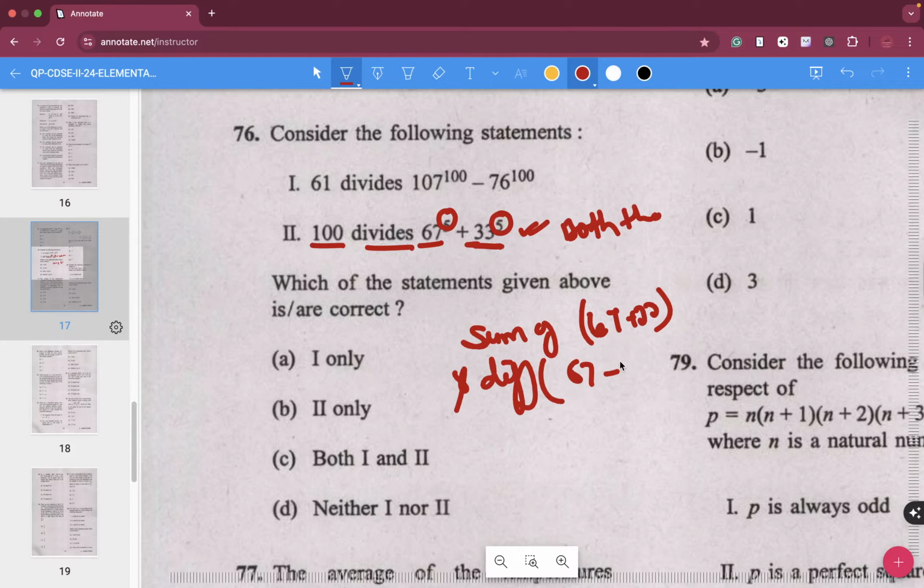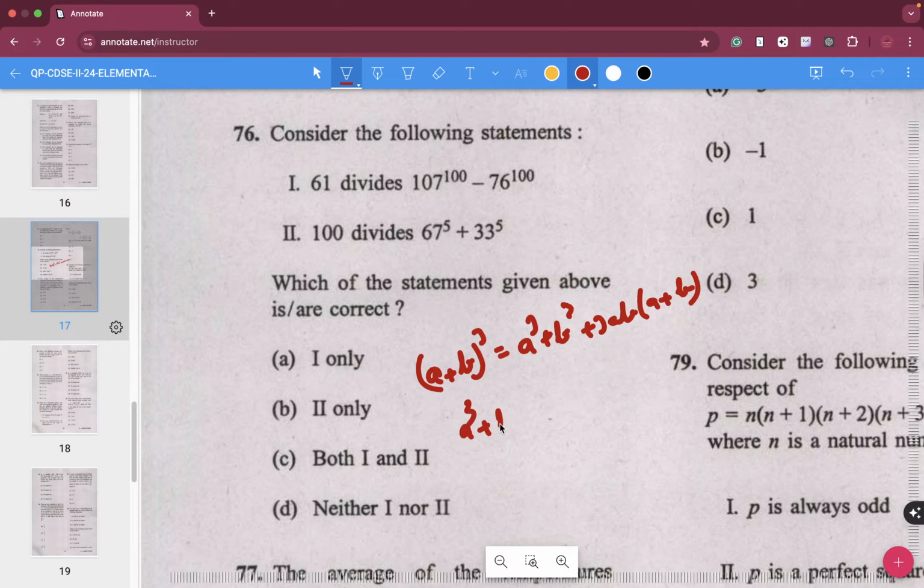Or if you do not believe me, (a plus b) whole cube is equal to a cube plus b cube plus 3ab into (a plus b). Now a cube plus b cube is equal to (a plus b) whole cube minus 3ab into (a plus b).